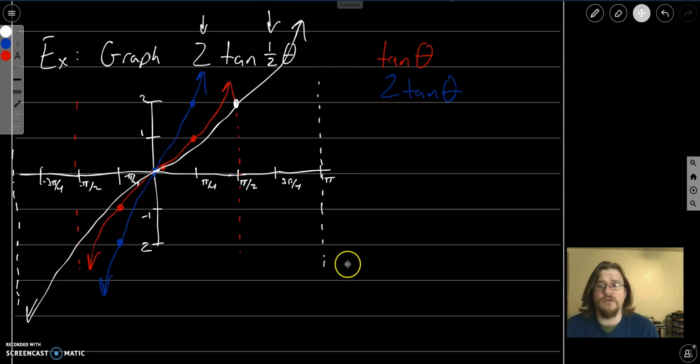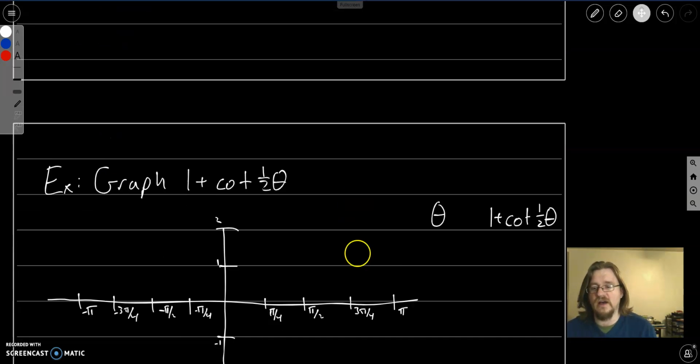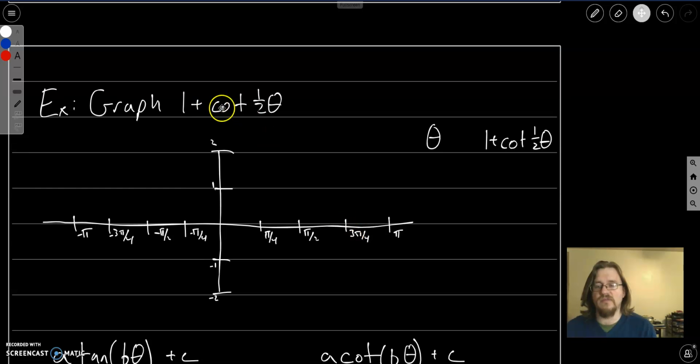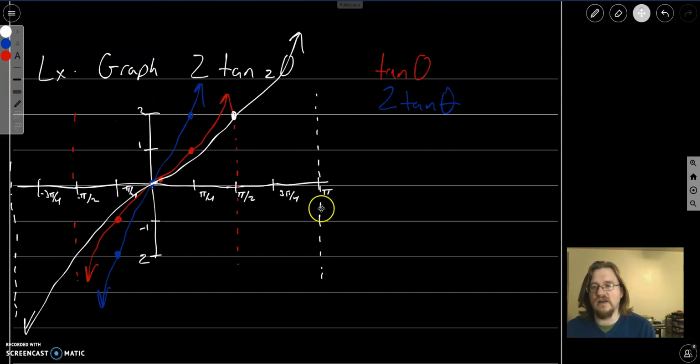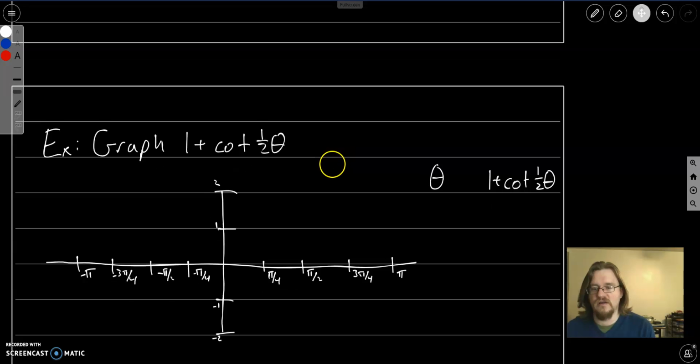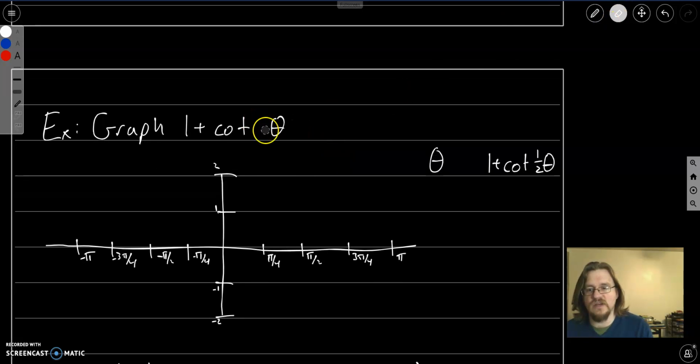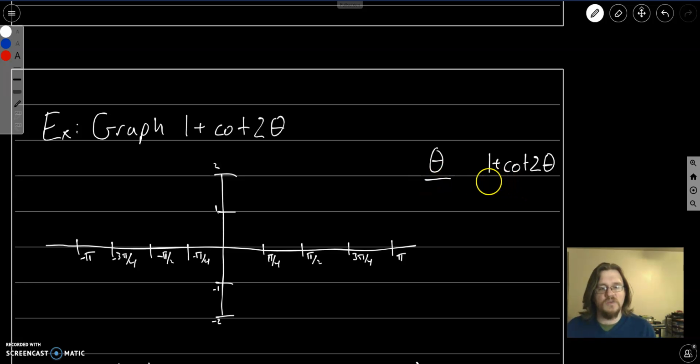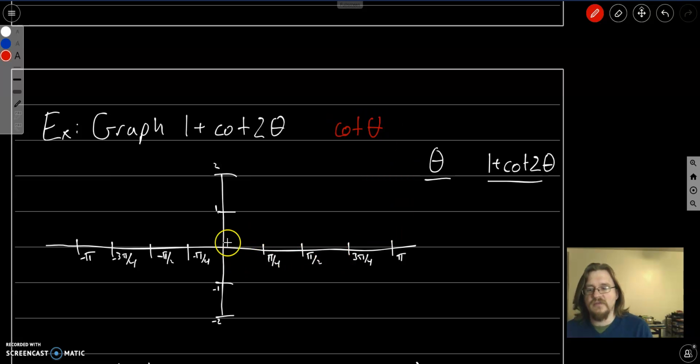Let's go through another one as well. So let's graph 1 plus cotangent of 2 theta instead. I think this will be a little bit more helpful. And one thing that we can do is, again, I'm going to graph cotangent theta in red here.